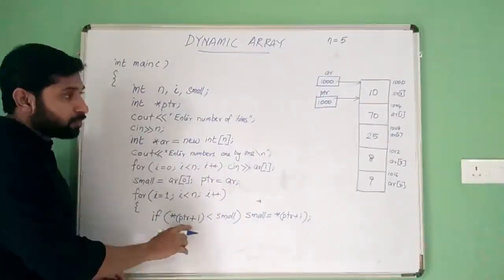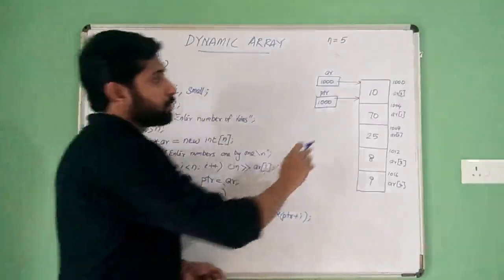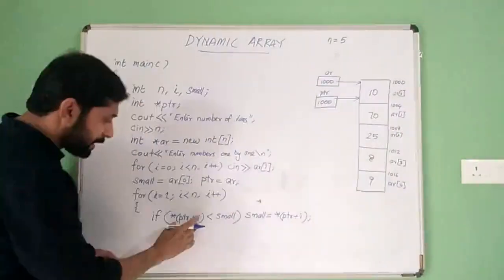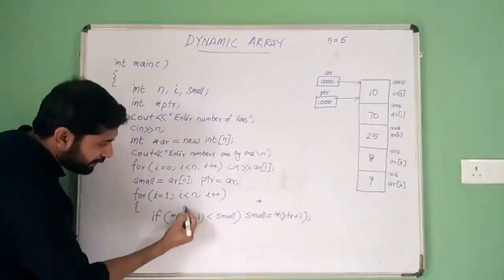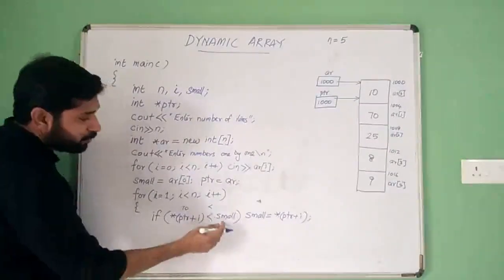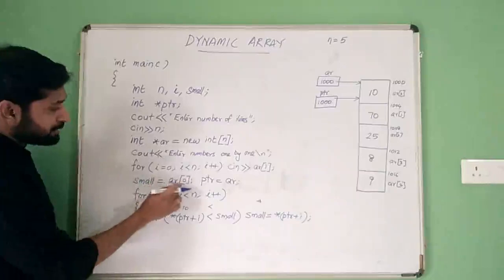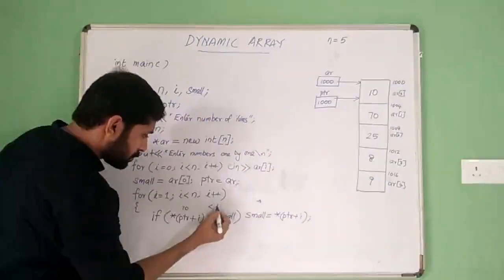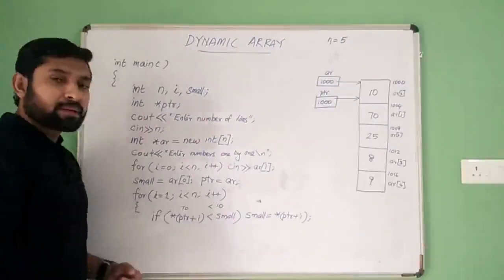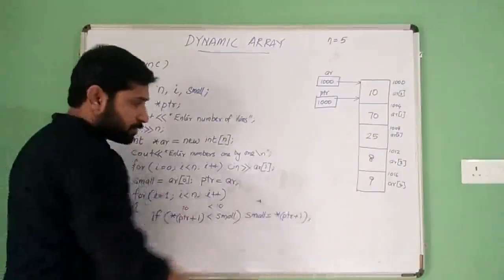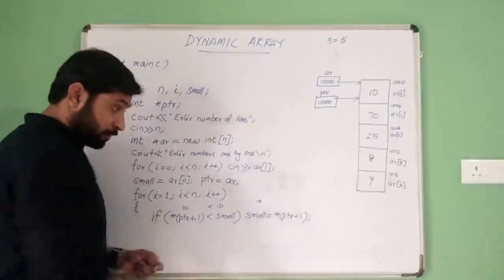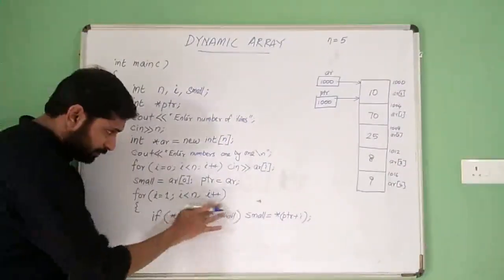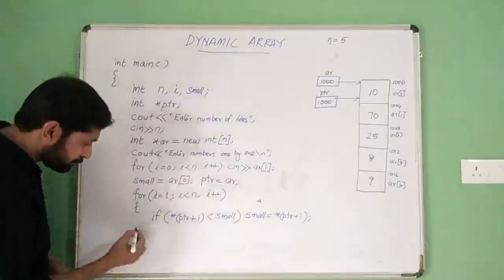Then value at 1004 is 70. So here if 70 less than, what is small? Small is AR of 0. AR of 0 is 10. So 70 less than 10? No. So there is no need of interchanging. So that step is over.